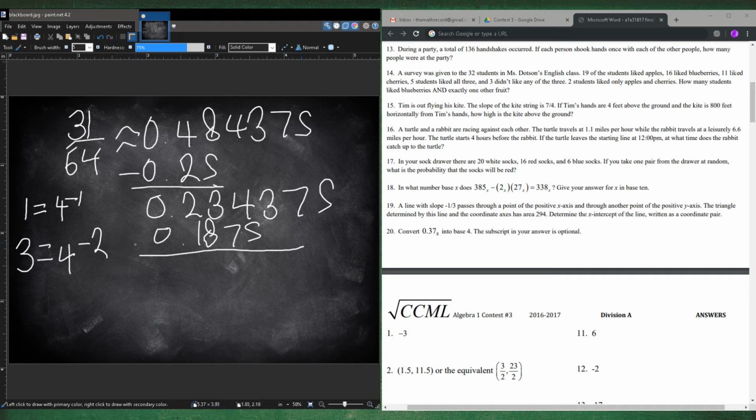Okay, let me subtract that again. Sorry about this, I don't know why I'm struggling on this. So working through the borrowing, we have 0.234375 minus 0.1875, which gives 0.046875.